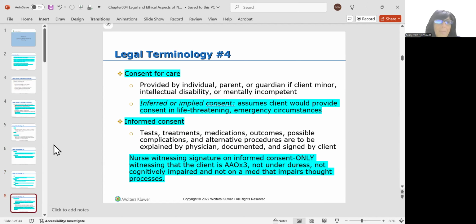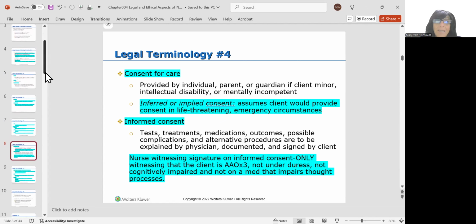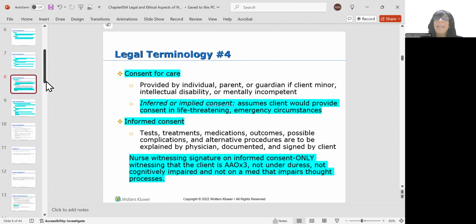Okay. What is consent? Consent is an individual or a guardian, if the individual is a minor or if they're disabled or mentally incompetent, saying, yes, I agree with what you want to do, and you can go ahead and do it. When do we need consent? Okay. So whenever there is an emergency, in other words, a life or death situation.